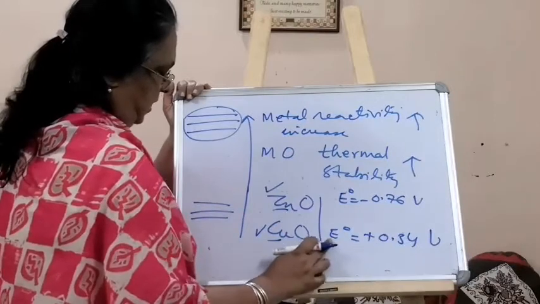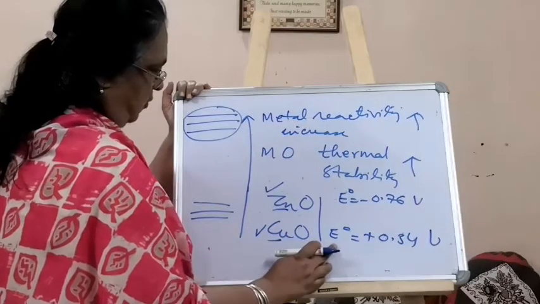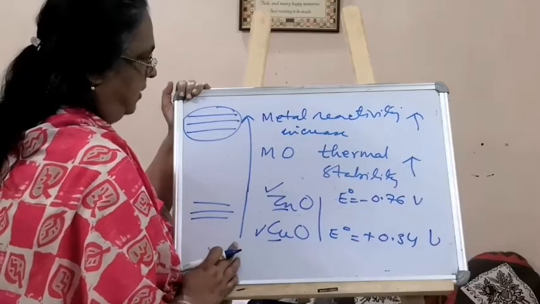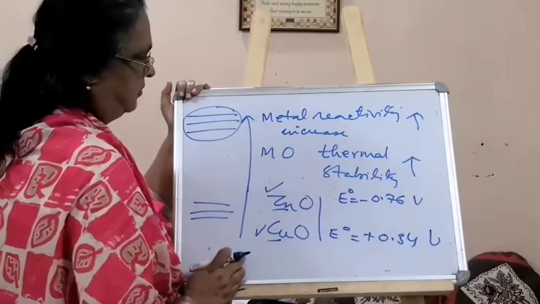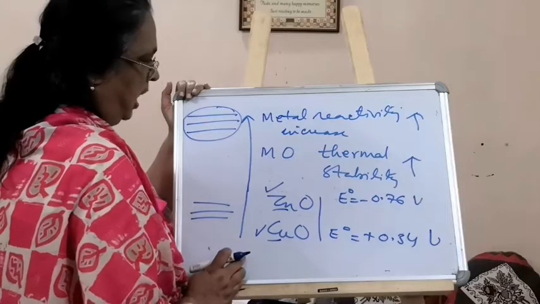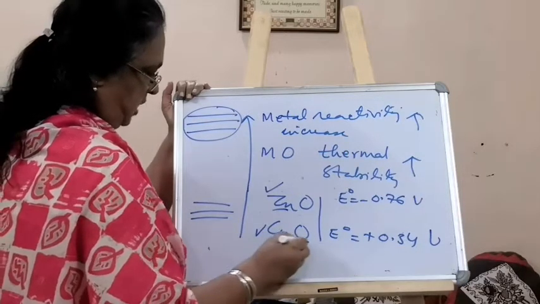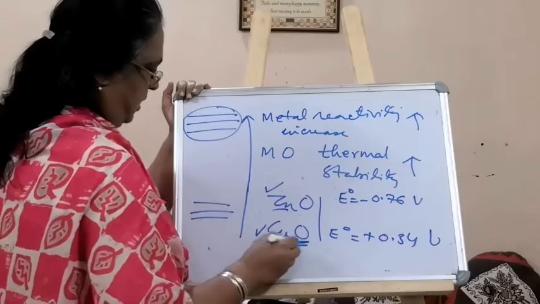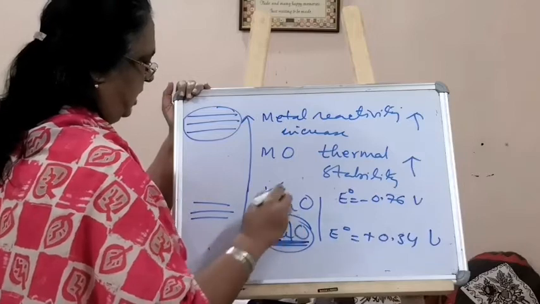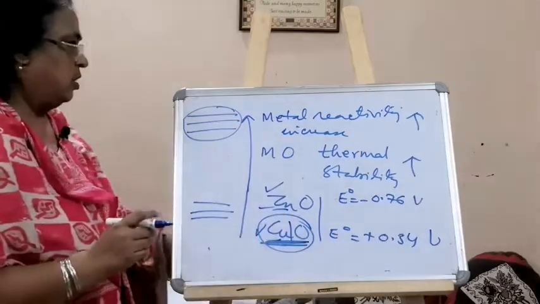So here the reduction potential is more, and this metal is present below, so its metal reactivity is weak and its electropositive character is weak. Therefore this oxide will be less stable, meaning it will decompose much more easily into copper and oxygen than the other. So this is all about this.